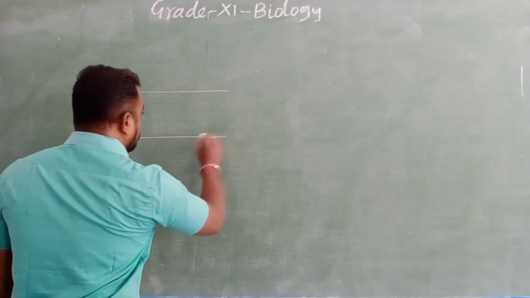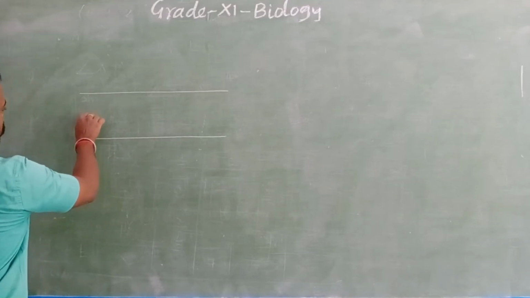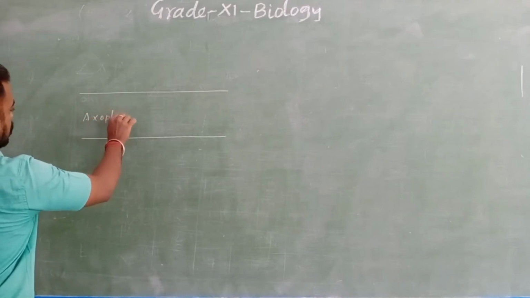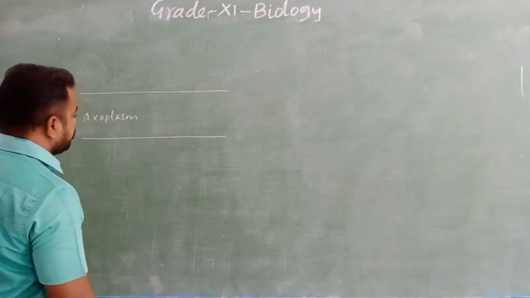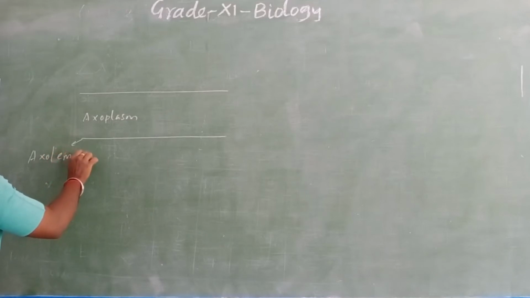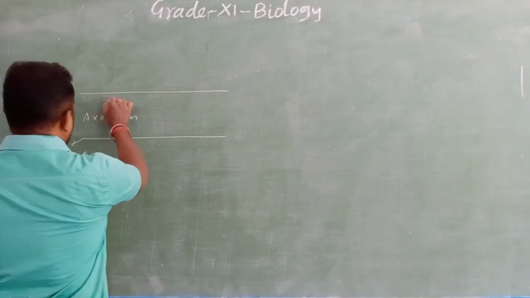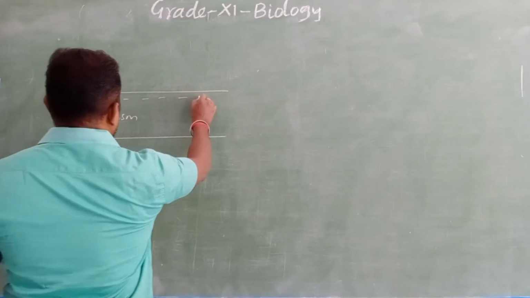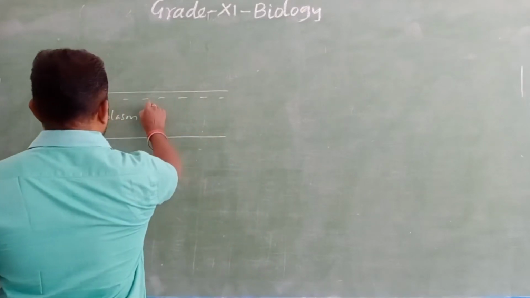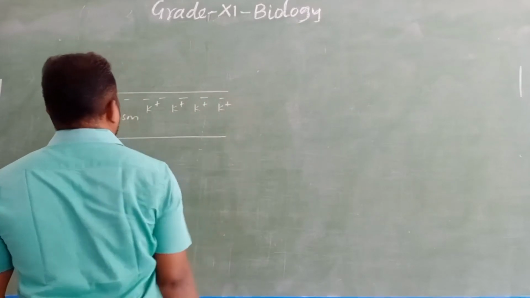Once again I want you to remember that inside the neuron we have axoplasm, and this is the axolemma. Inside we have negatively charged proteins and potassium ions.